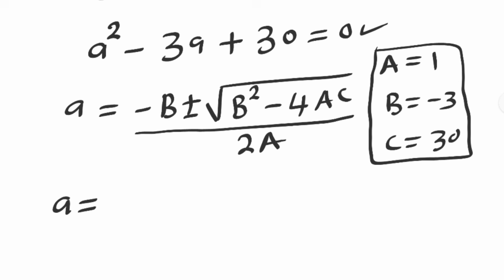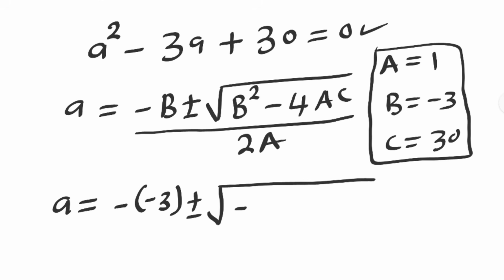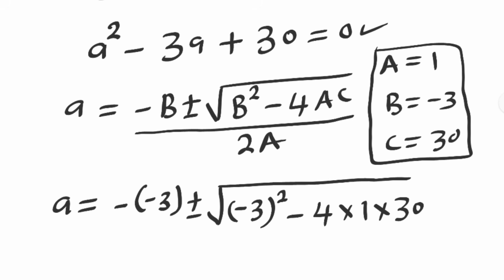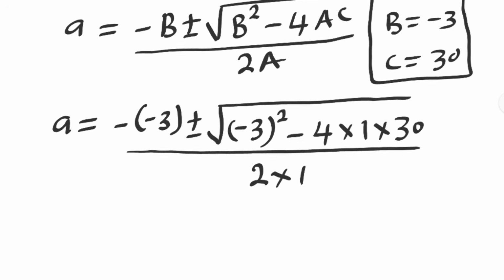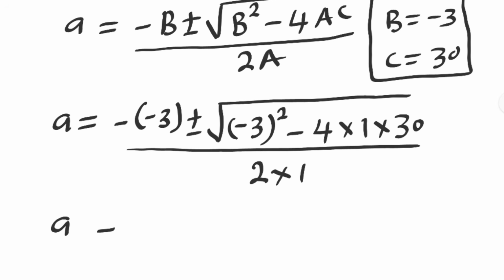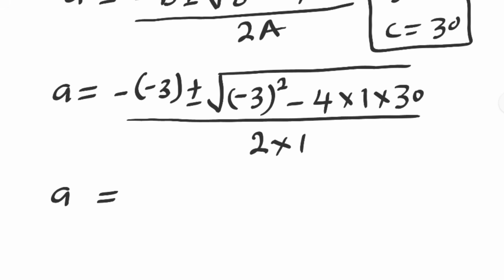a is equal to minus bracket minus 3 plus or minus square root of minus 3 all square minus 4 multiplied by 1 multiplied by 30, everything all over 2 multiplied by 1. a is equal to minus multiplied by minus 3.